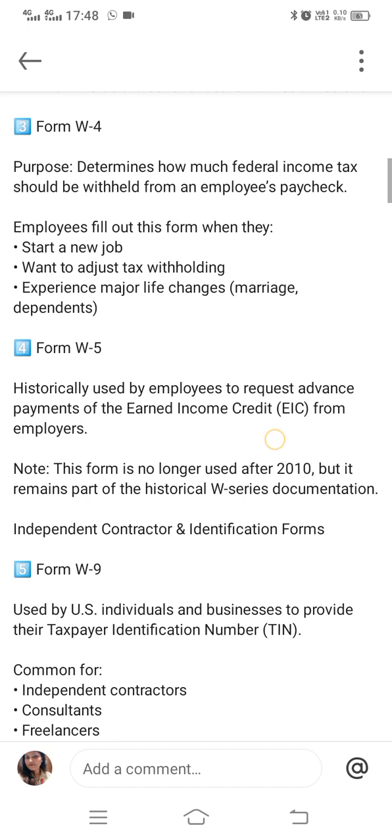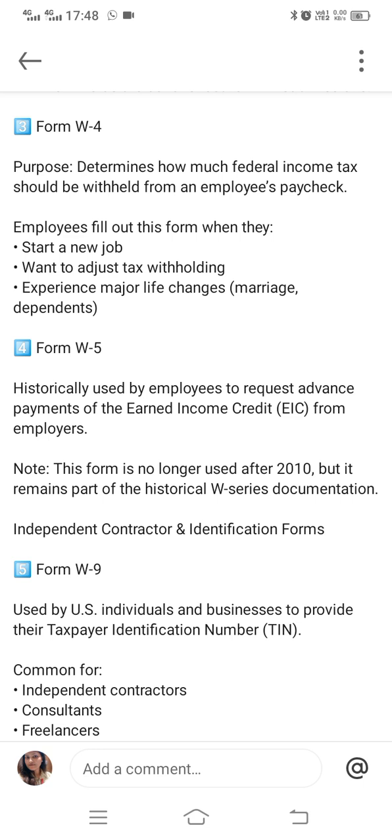Now comes W4, and the purpose of this form is to determine how much federal income tax should be withheld from an employee's paycheck. So how much tax an employer should withhold from the employee's paycheck will be shown in W4.